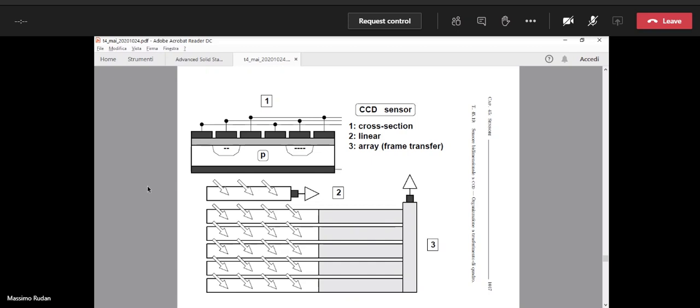So this is called the interlaced format, and one can demonstrate that with the interlaced format, essentially one can divide the frequency of the frames by 2, okay?